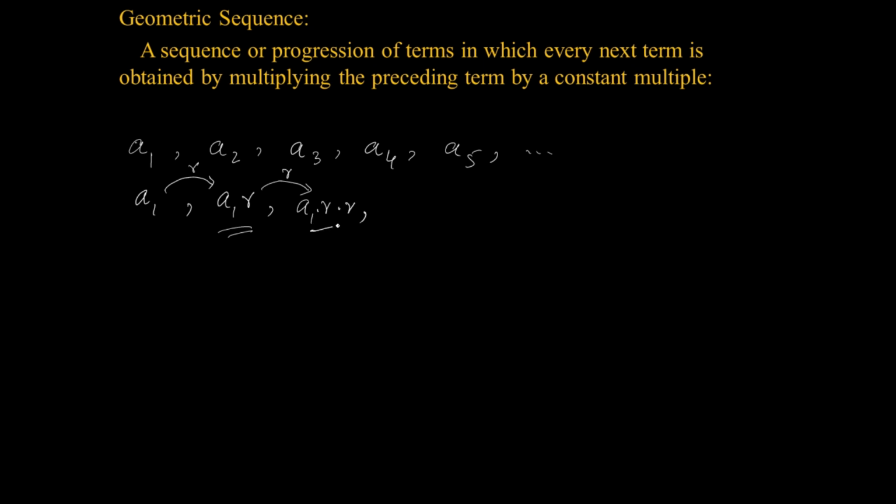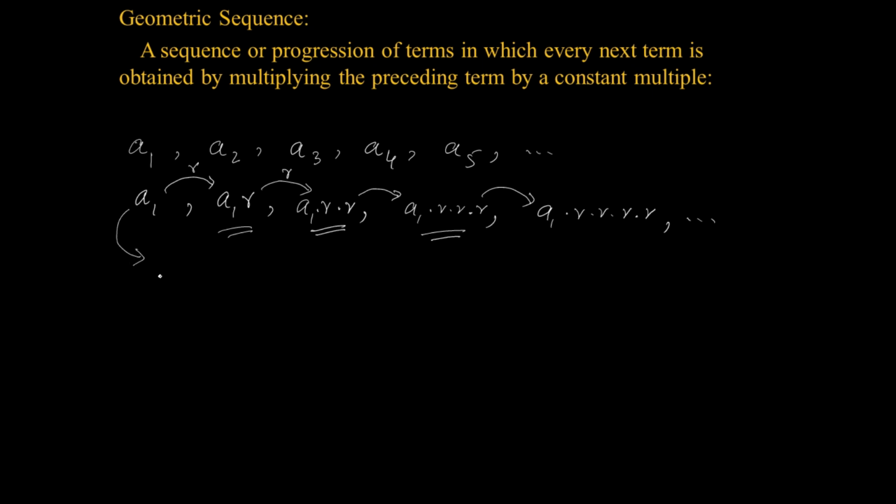Now this third term is again multiplied with r to get the fourth term. If I multiply the fourth term again with r, I get the fifth term, and so on.